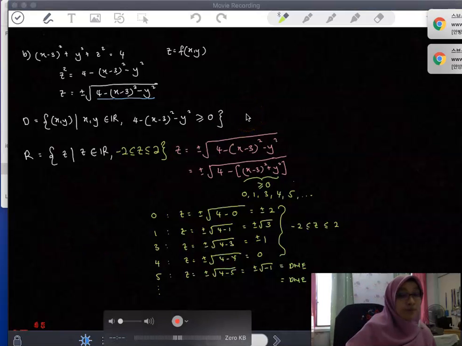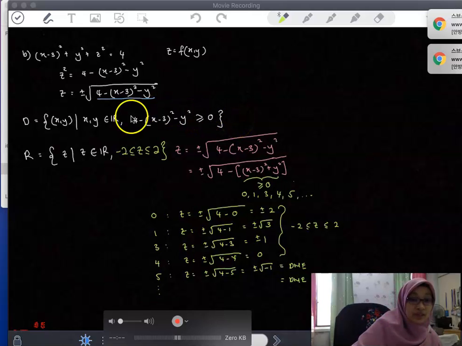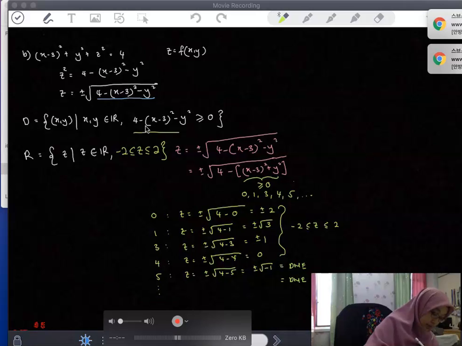But before we compare this with the sketch of the sphere, we need to sketch the domain first. Now, sketching of the domain.